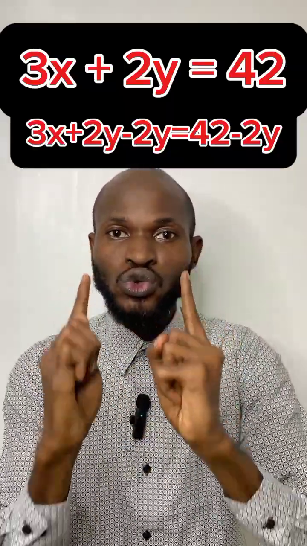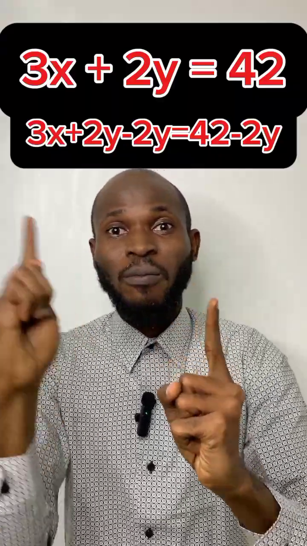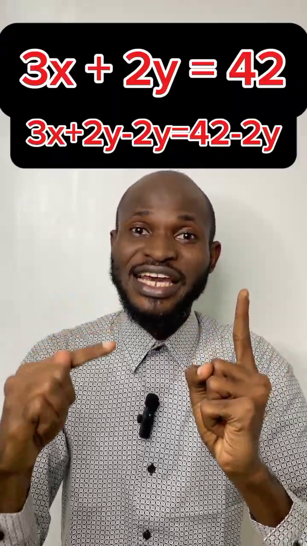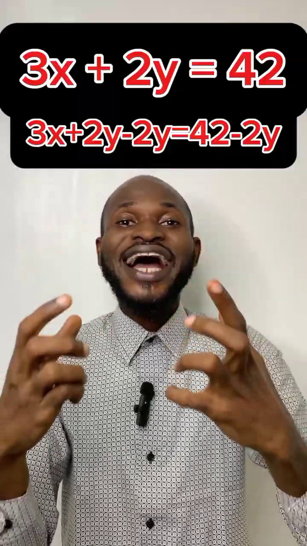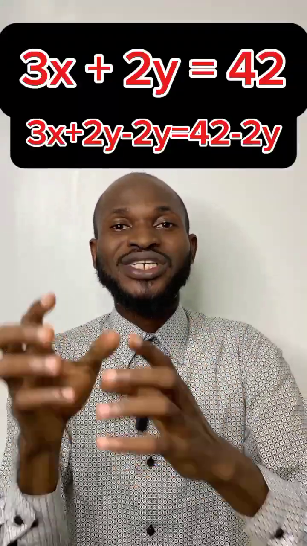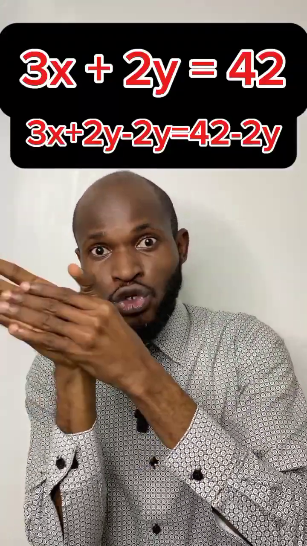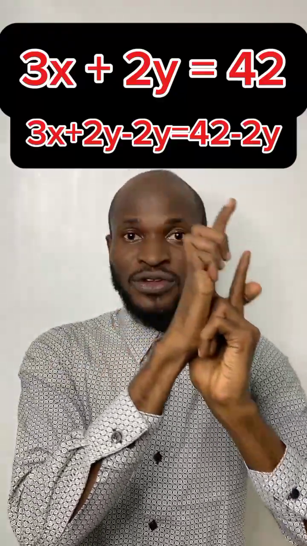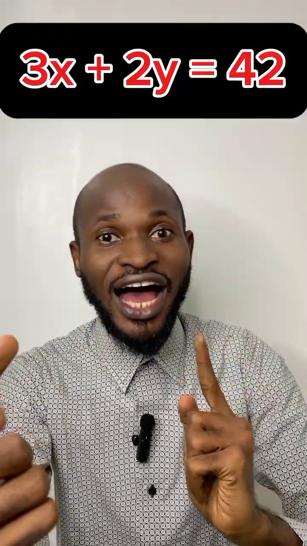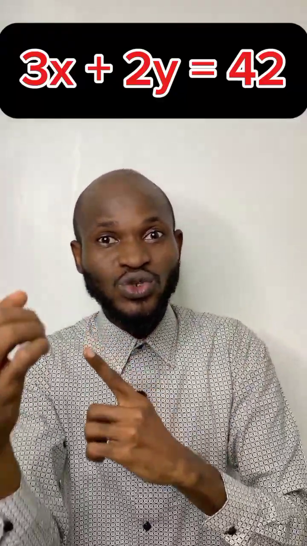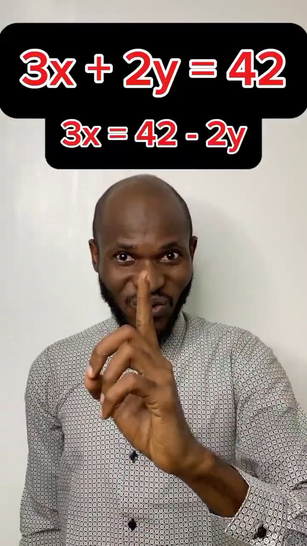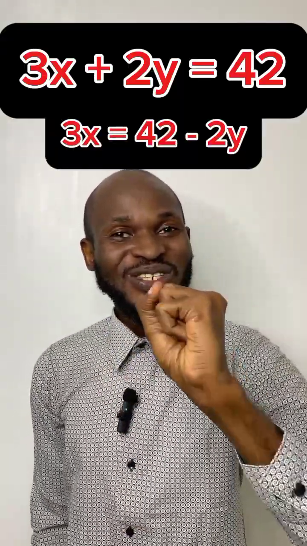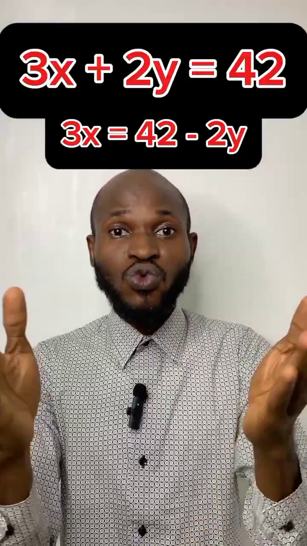It's either you use a particular basic operation on both sides of the equation, which in this case can be subtraction and addition, or you just take a particular item, noting the sign, taking it to the other part of the equation and changing the sign, which in this case now is 2y. 2y has changed the sign, so we're now having 3x is equal to 42 minus 2y.